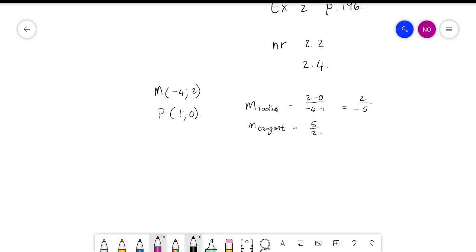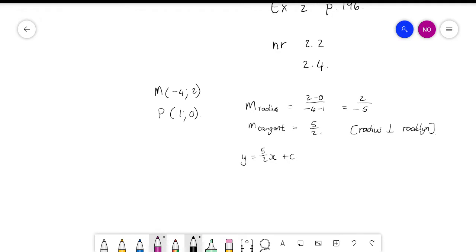No? Because those two have to be perpendicular to one another. And remember your reason. Okay, so we have y equals 5/2 x plus c.